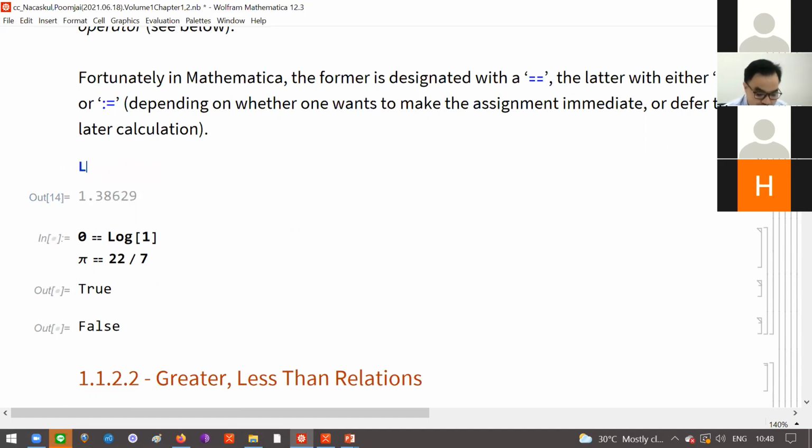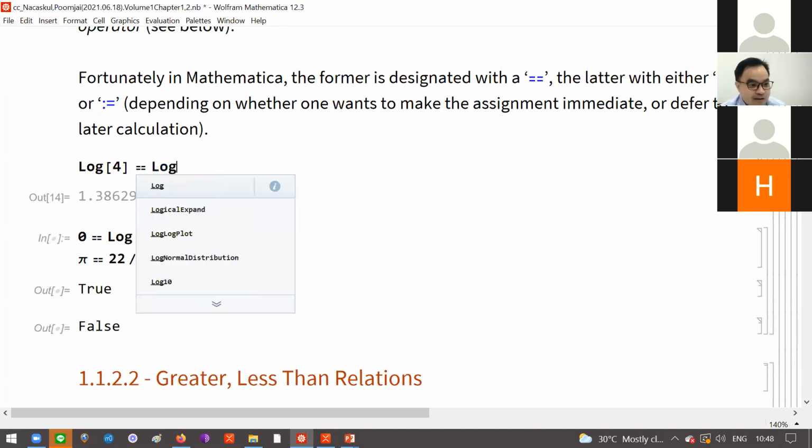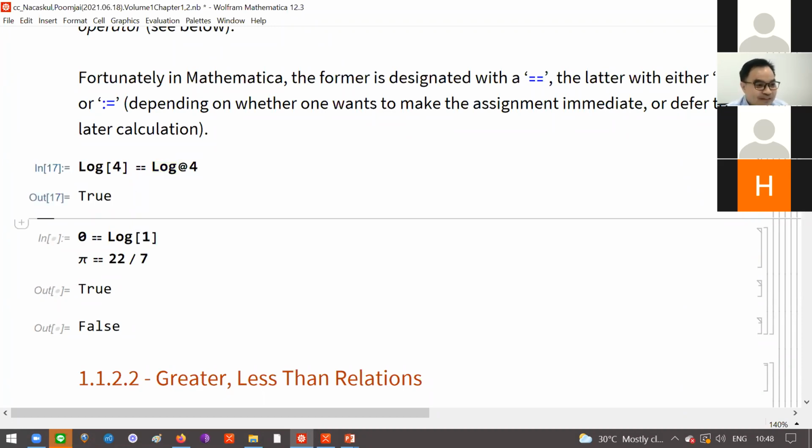In fact, you can say log of 4 is exactly the same thing as, there's another shorthand for it, because sometimes you don't want to write left bracket, right bracket. You say, take the log function, apply it to 4. This will be True. In fact, there's another way of doing it. You say, take the number 4, pass it to the function log.